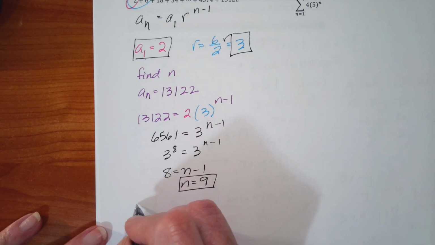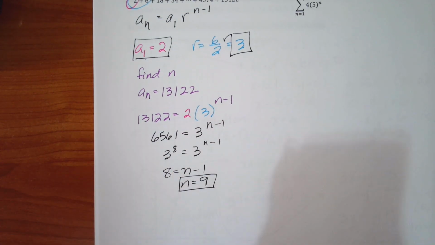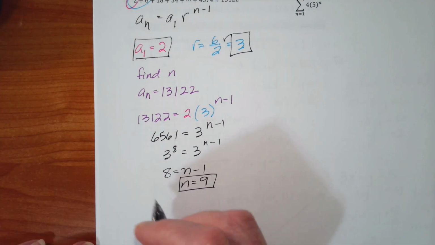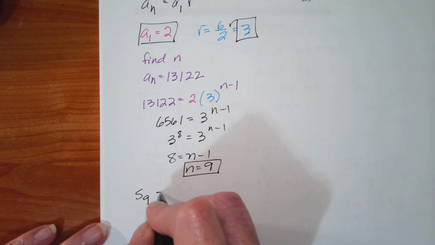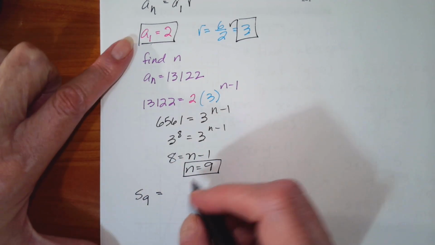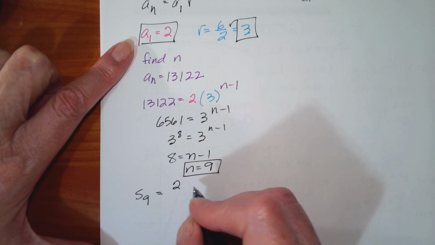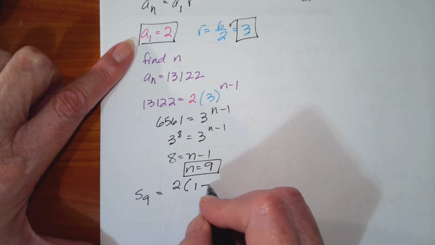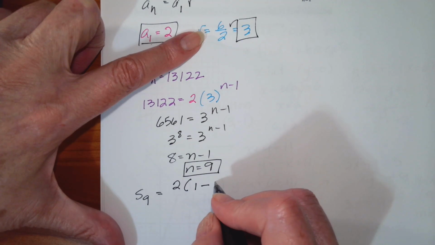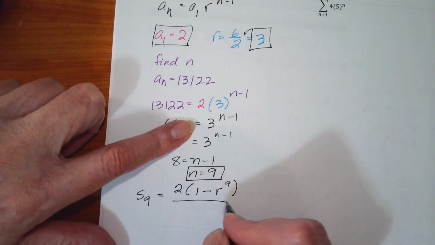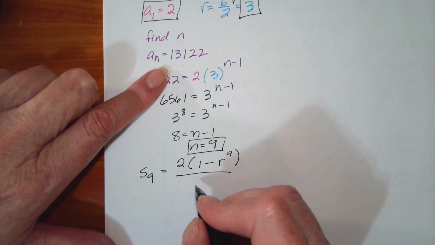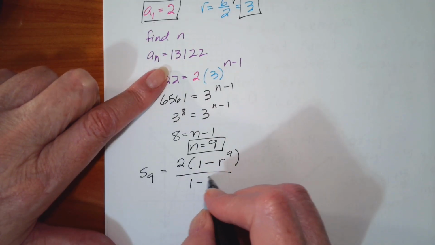So S sub 9 is equal to 2 times 1 minus my r to the n, all divided by 1 minus, and r is 3.